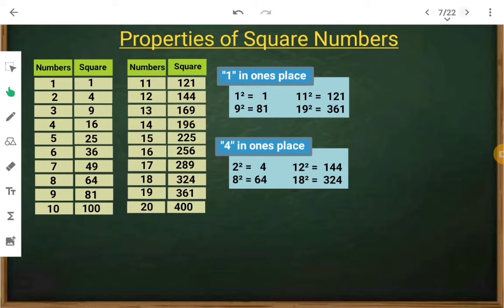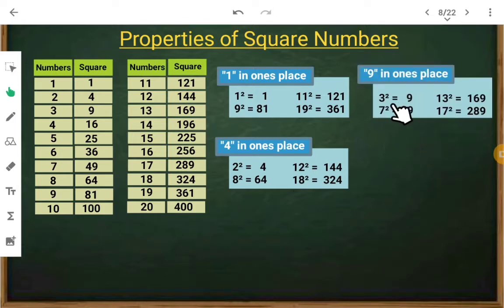Okay? Yes. And next one is 3. A friend of 3 is 7. Right. 3 square is 9. 7 square is 49. And what is 13 square? 13 square is 169. And 17 square is 289. If you observe these square numbers, you may see 9 in the ones place.